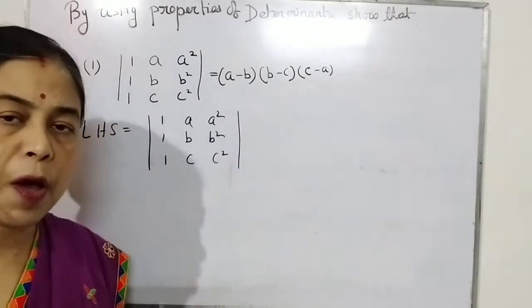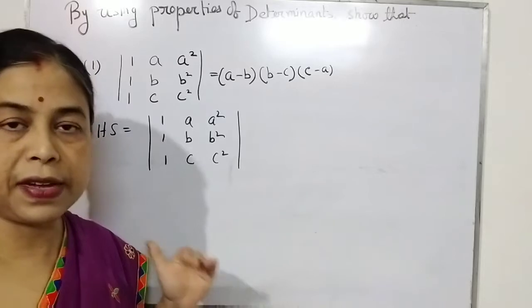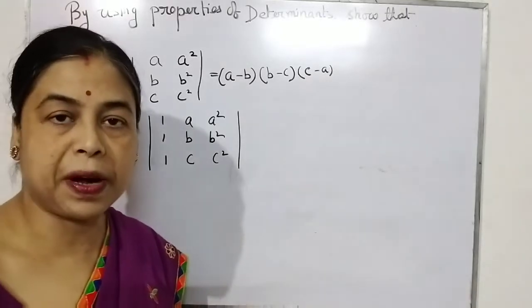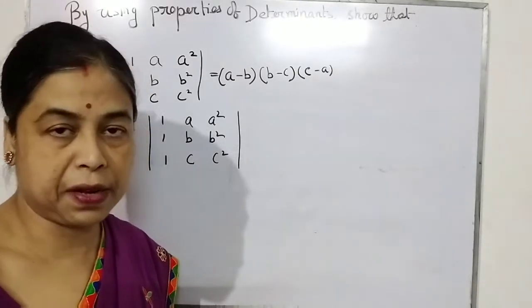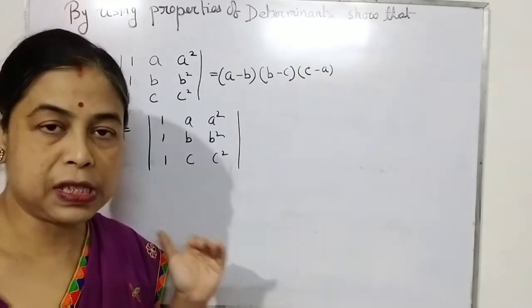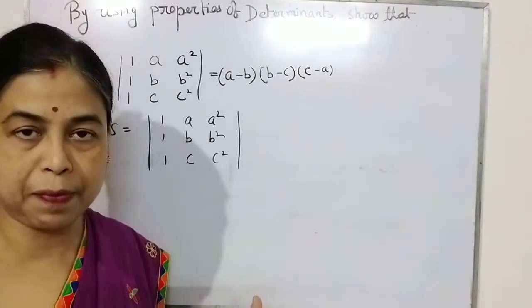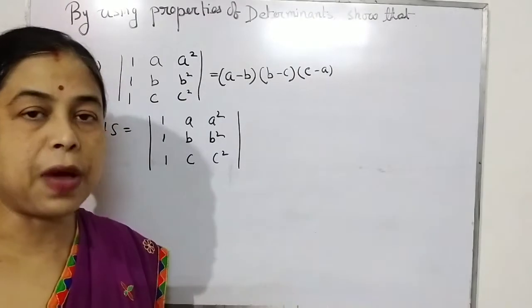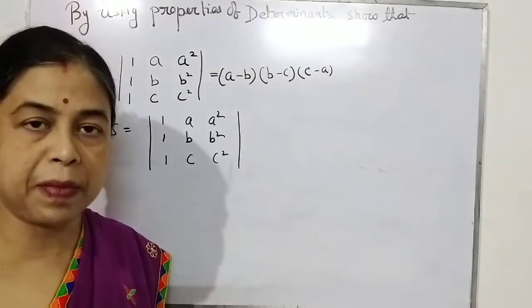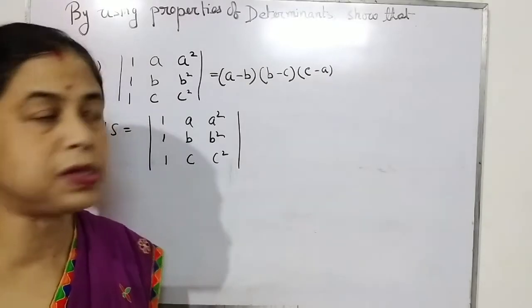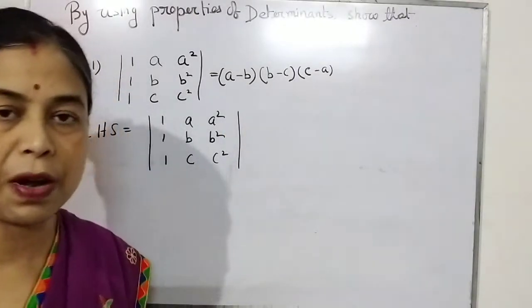Now you see the properties one by one. Actually there is no particular rule that which property you have to use first. So you just check one by one whether any property will help you or not, and then you apply it. And remember your aim is to get the maximum number of zeros and to get this expression in this particular question.